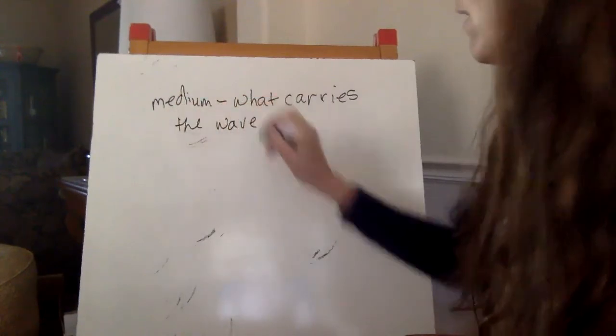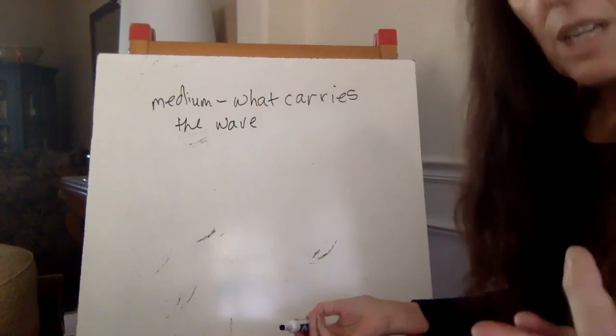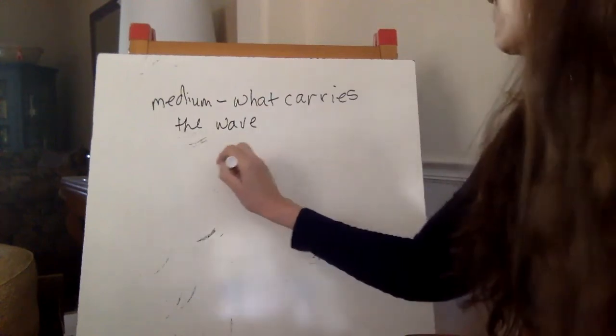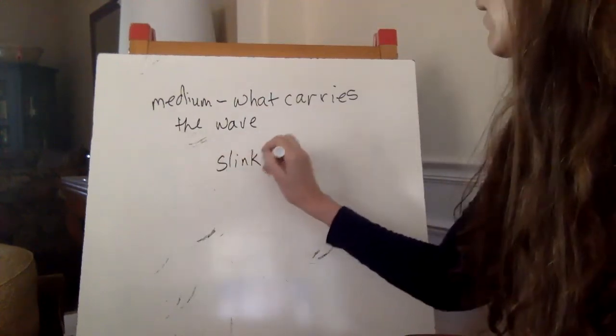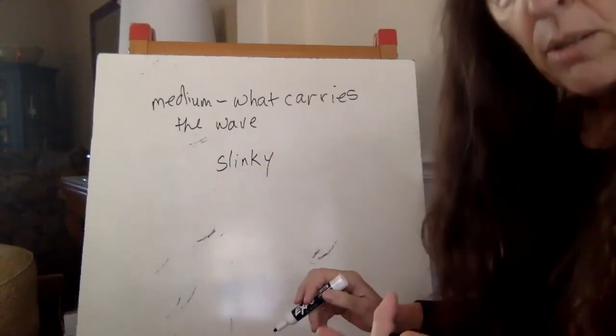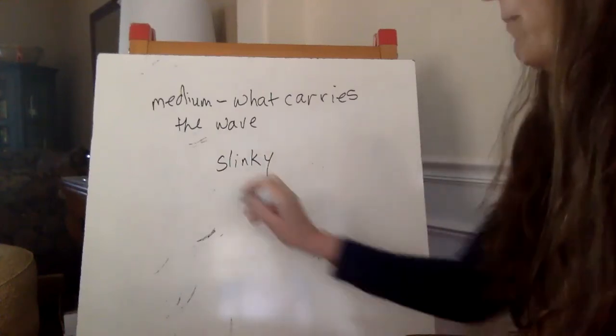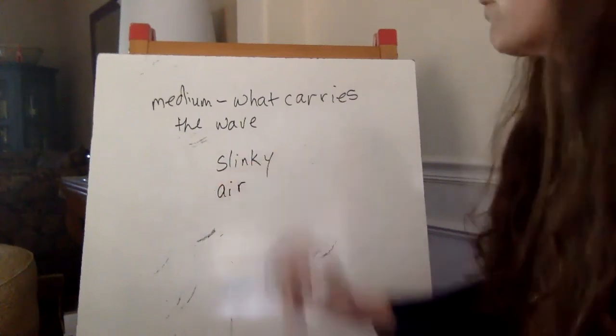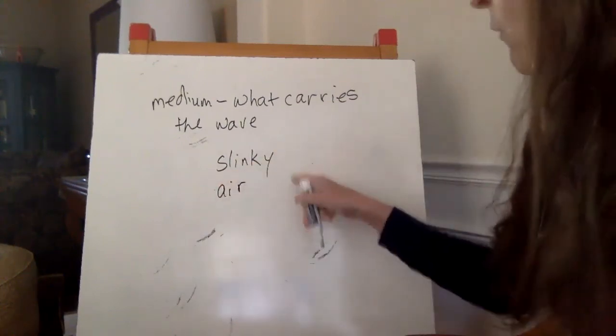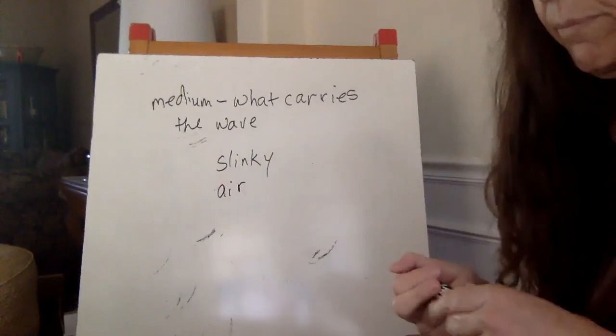So in the illustration I just had, the slinky was the medium. If you were standing right here in the room next to me, air would be the medium that would be carrying my voice. So it's whatever carries the wave, okay?